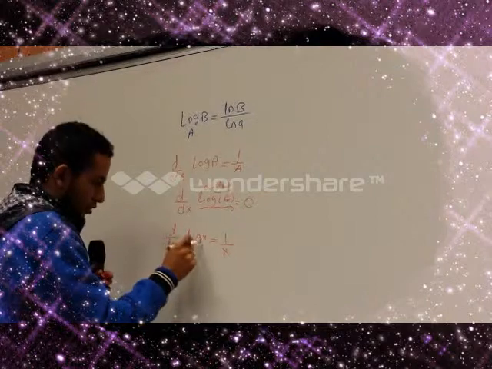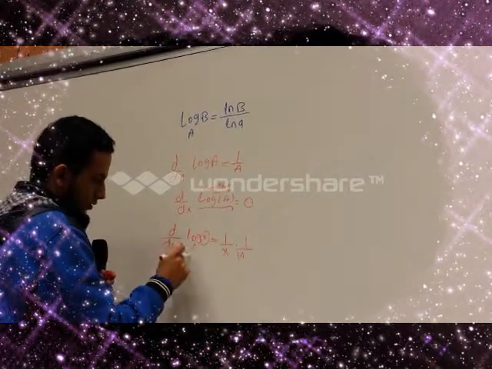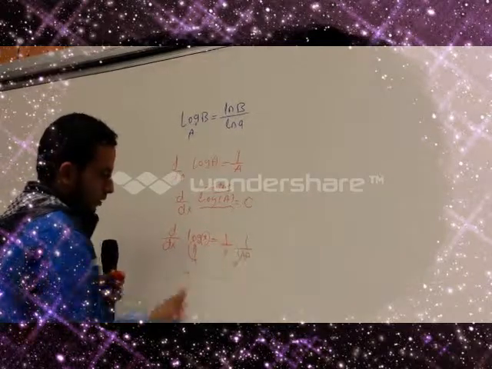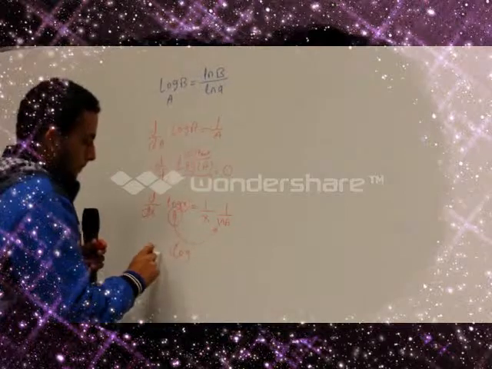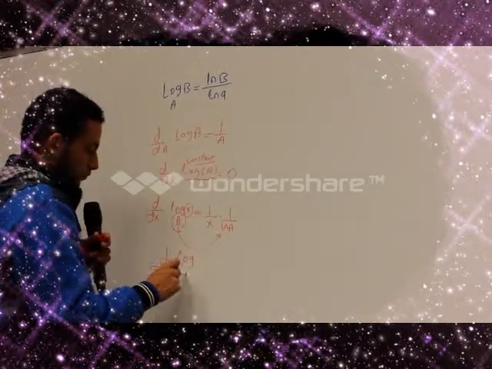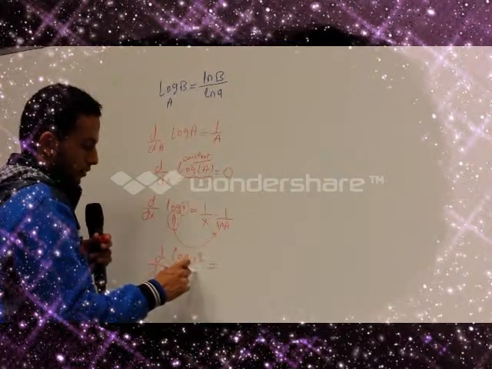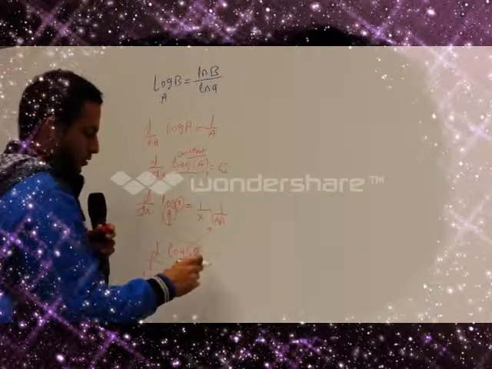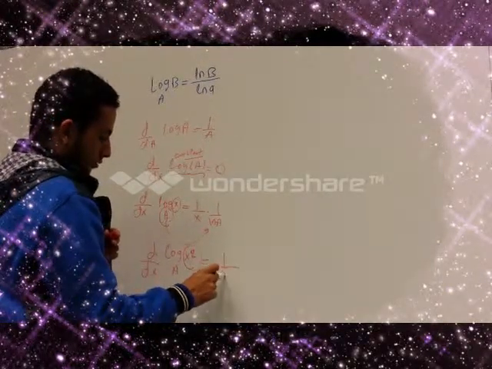You get the differentiation here multiplied by 1 over ln of the base. What if this was log a of x squared?